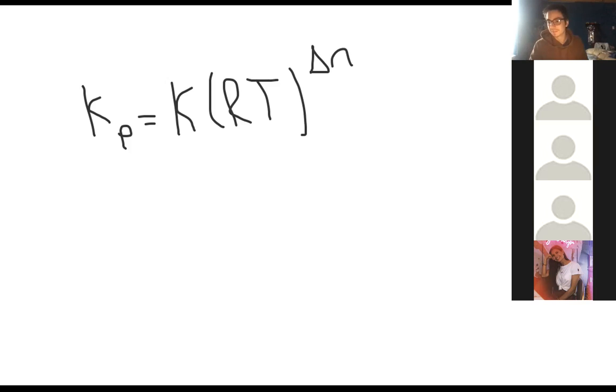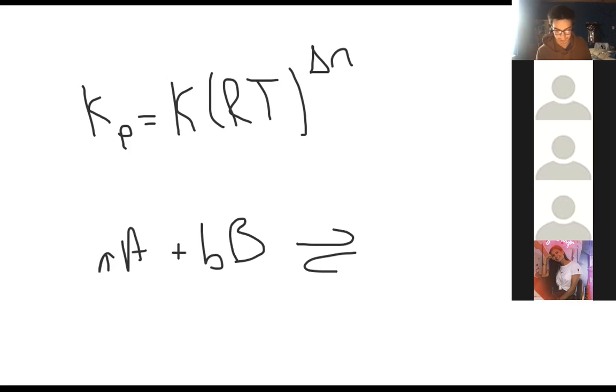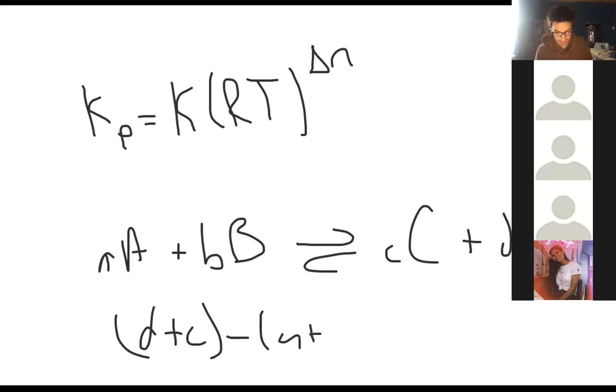So let's look at the generic formula that's given to us. A plus B yields C plus D. So delta n would be the change in moles. So it'd be all the moles from the final, or the product side, minus the initial. So it'd be like D plus C minus A plus B. Gives us our change in moles. So that's our delta n.